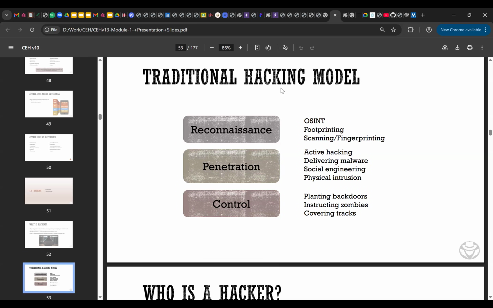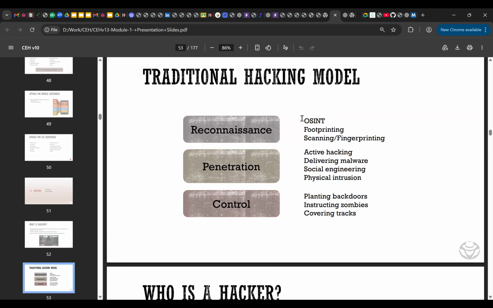So what is the traditional hacking model? The traditional hacking model is reconnaissance, penetration, and then control. In reconnaissance, we can use OSINT, footprinting, scanning, or fingerprinting, in which we try to gather information about the target. Penetration means we perform active hacking.